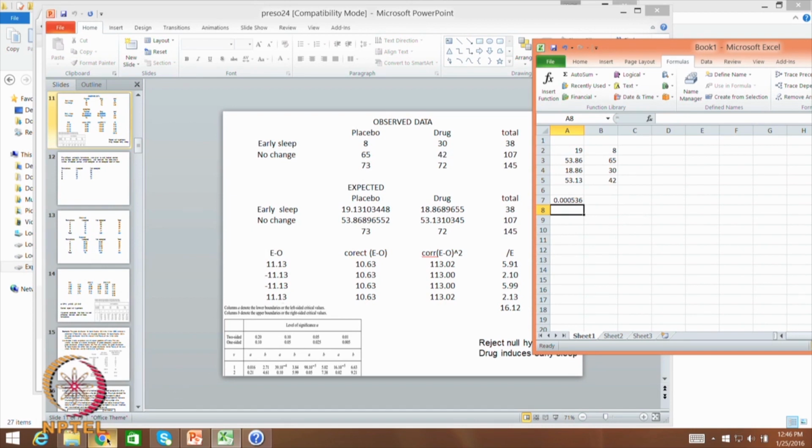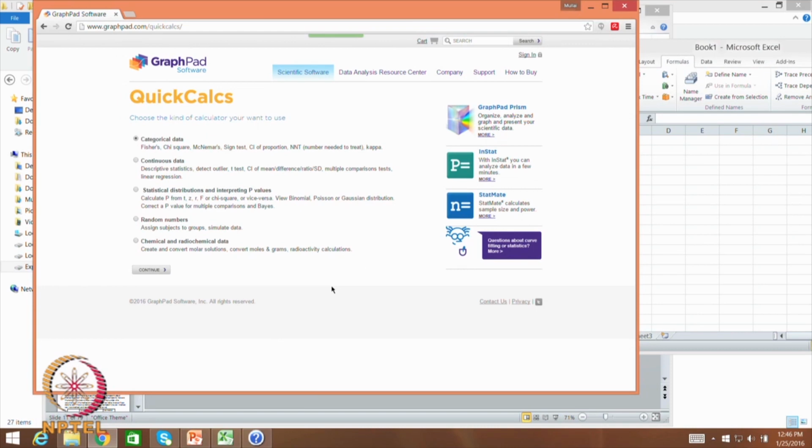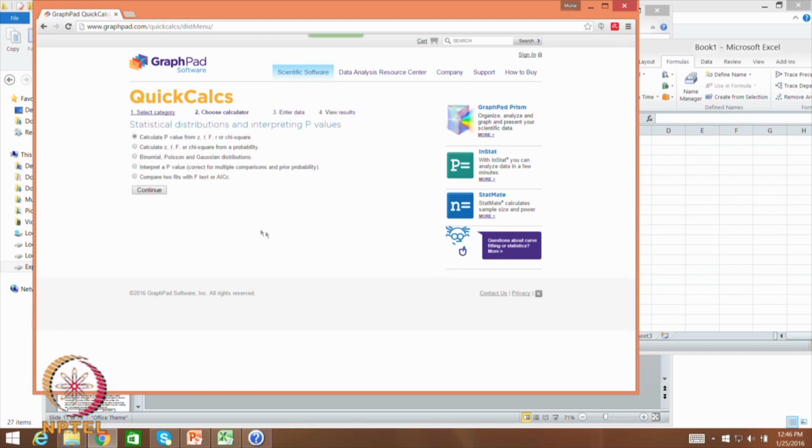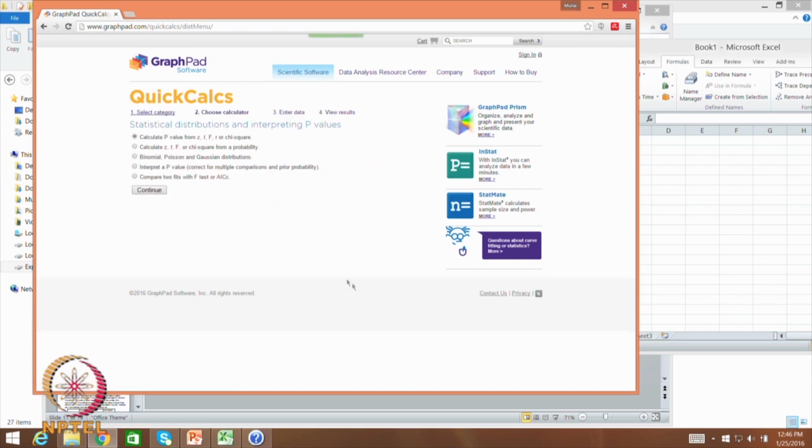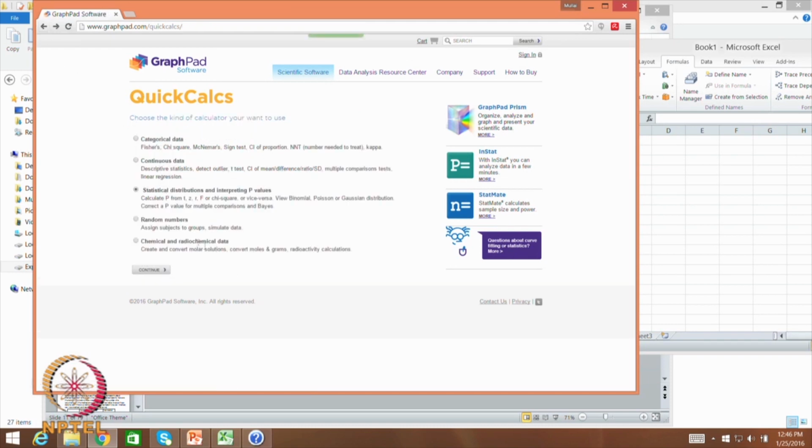Now, we can also do it with the GraphPad software. Here we have the chi-square, and we continue.